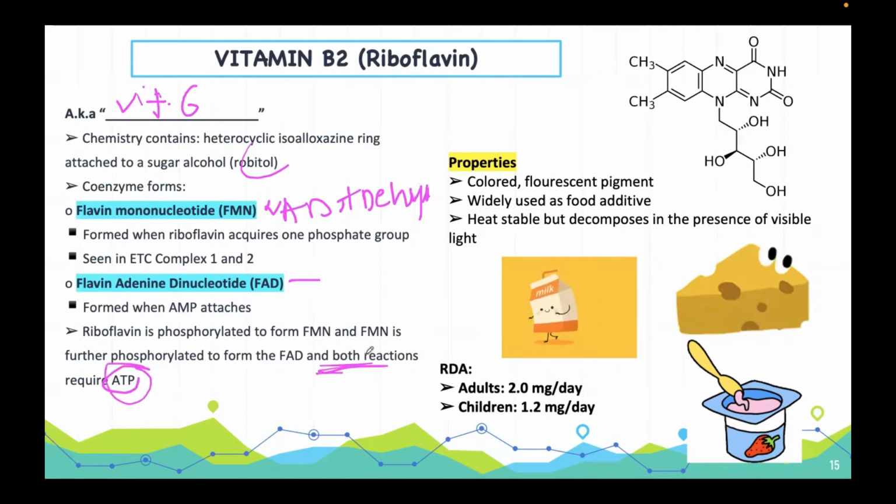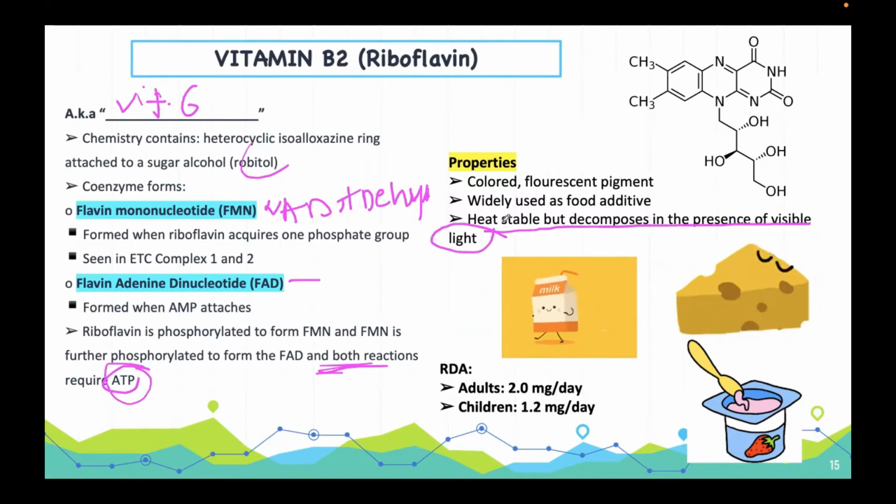Pakitandaan po. So the properties of your vitamin B2, it is usually a colored, fluorescent pigment, and it is widely used as a food additive. Also, pakitandaan po, vitamin B2 is heat stable but decomposes in the presence of visible light. Okay, medyo light sensitive si ating vitamin B2.